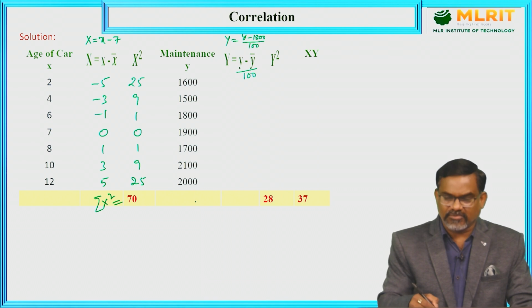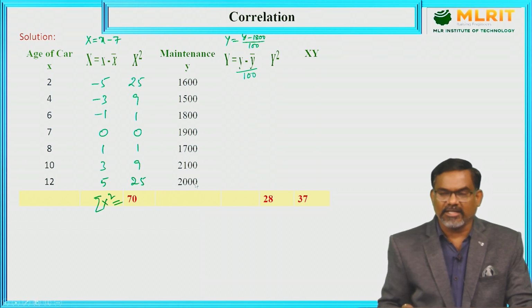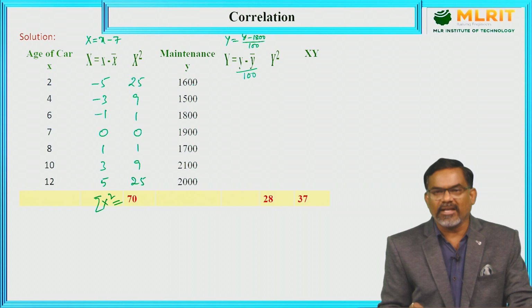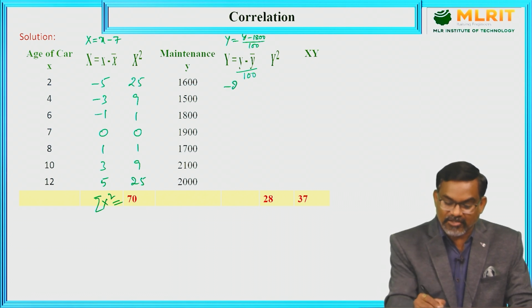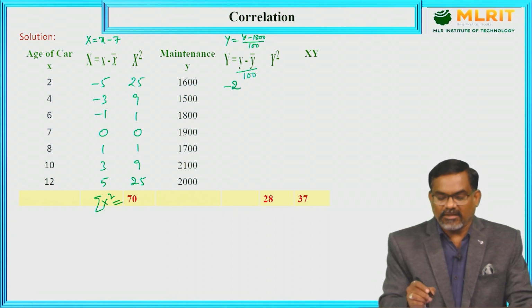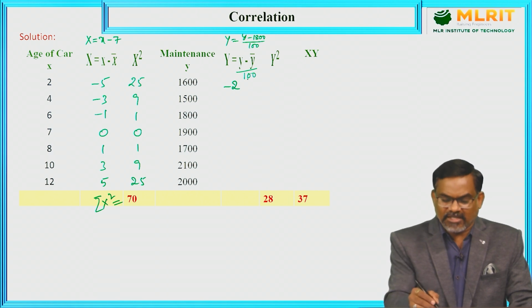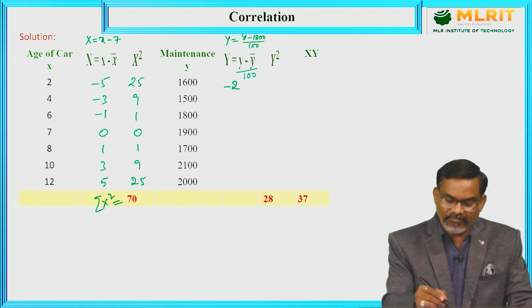Similarly, for the y values, we calculate capital Y values. 1600 minus 1800 is minus 200, divided by 100, so minus 2. That means the calculation will be simple further, so that's why I am dividing by 100. 15 minus 18 is minus 300, divided by 100, minus 3.